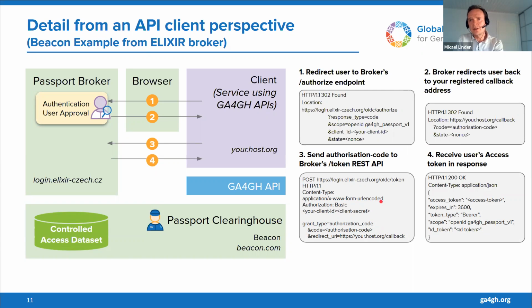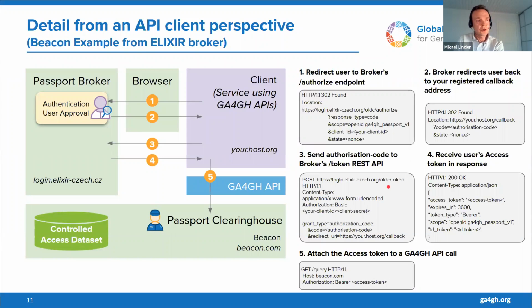And now the client attaches the access token to the API call, usually the authorization header of the API call, for instance, to the Beacon API call. So this is how the basic flow of OpenID Connect goes. It's the ordinary flow of OpenID Connect, nothing special from the client perspective.